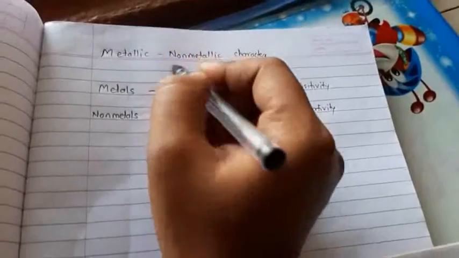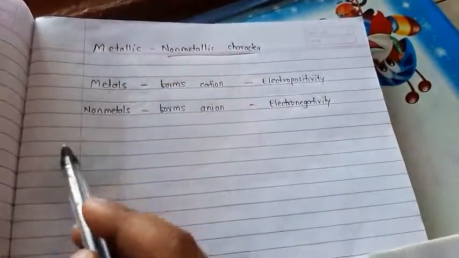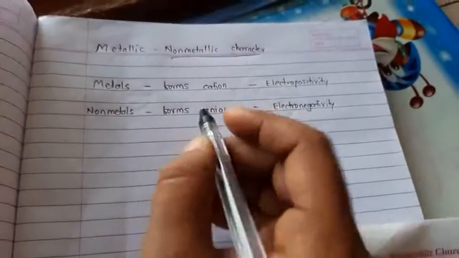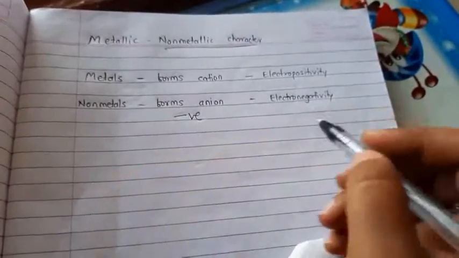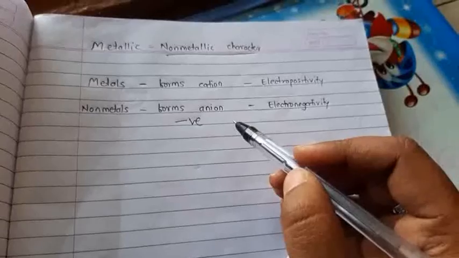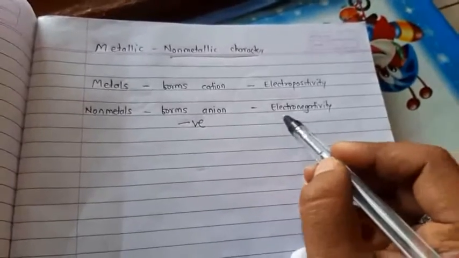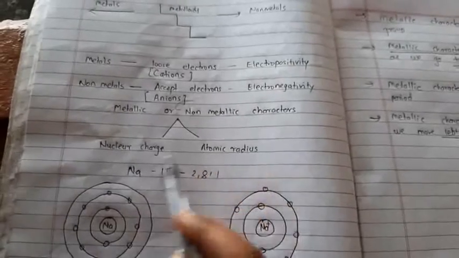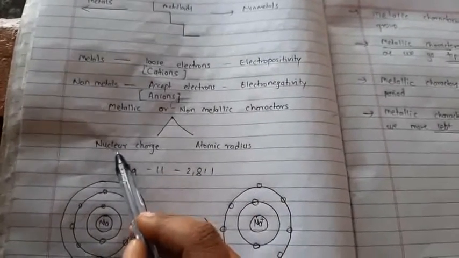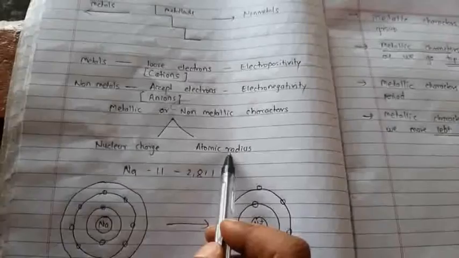Next is non-metallic characters. Non-metals generally form anions, that is negative ions, by accepting electrons. This property is called electronegativity. For non-metallic characters also 2 factors are essential or important: nuclear charge and atomic radius.